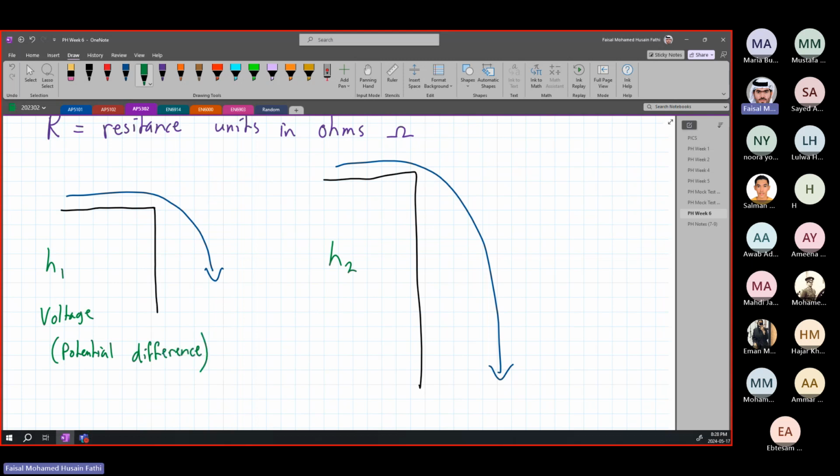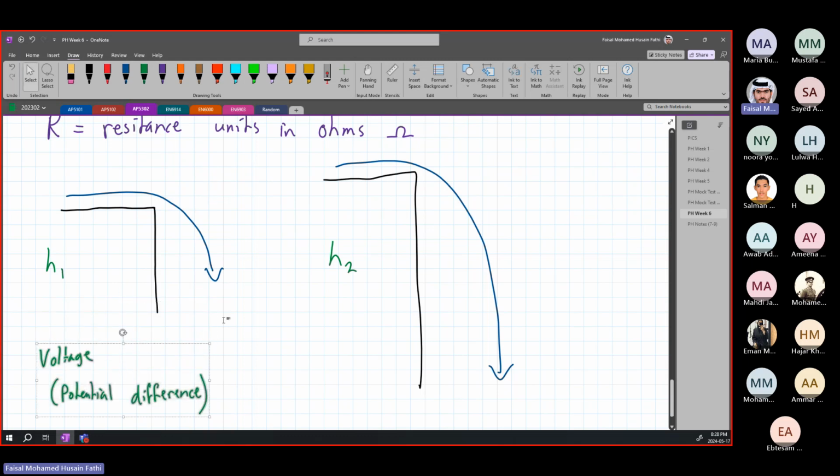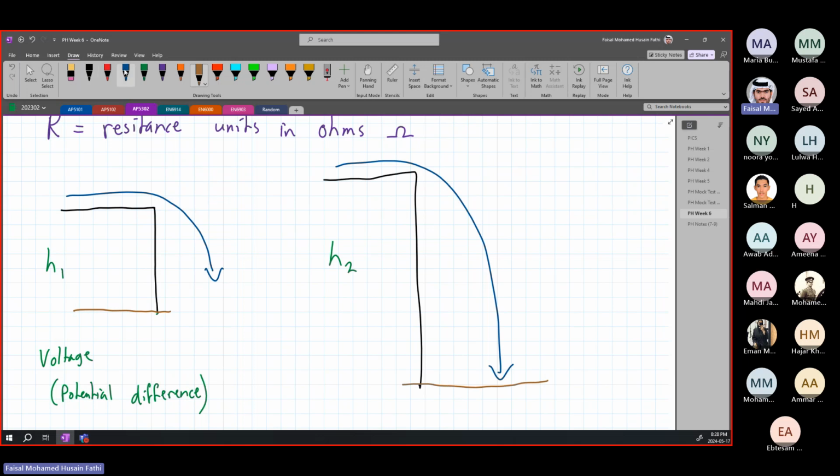All right. Mechanically, let's explain it. So when we are saying this height H1, what do we mean by height H1? We mean the height from this ground. This is the ground in this case, and this is the ground in this case. So when we're talking about the height, we're talking about from up here all the way to here. This is our reference ground. This is what we call zero. So this height here is zero at the ground.